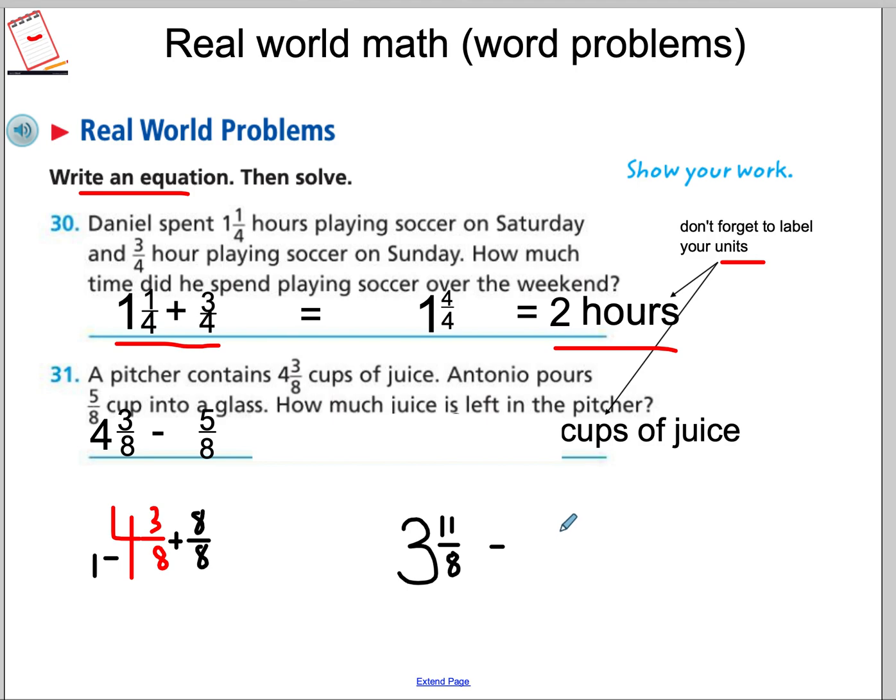Now I can do my subtraction. I'll do my fraction first. What's 11/8 minus 5/8? Right, it's 6/8. And then what's 3 wholes minus no wholes? Because he didn't drink a whole cup, he had less than a whole. So if your response is 3 and 6/8, congratulations, that's how you do it.